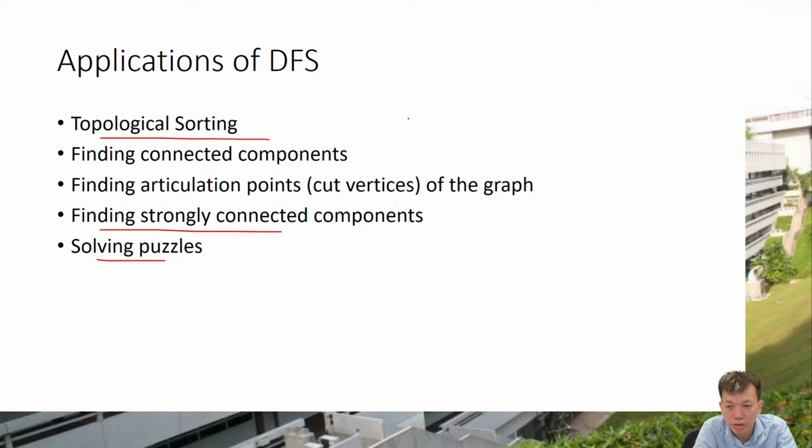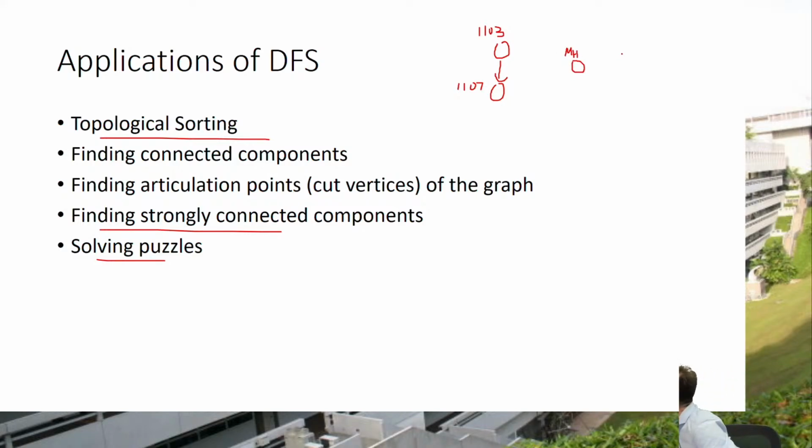Another one is topological sorting. A typical example is your modules. The course you need to take is 1103. Then the next level is 1107. After taking 1107, you need to take 1812, discrete mathematics.